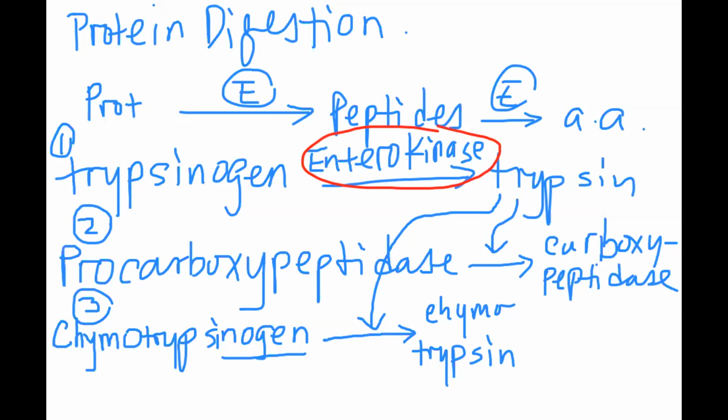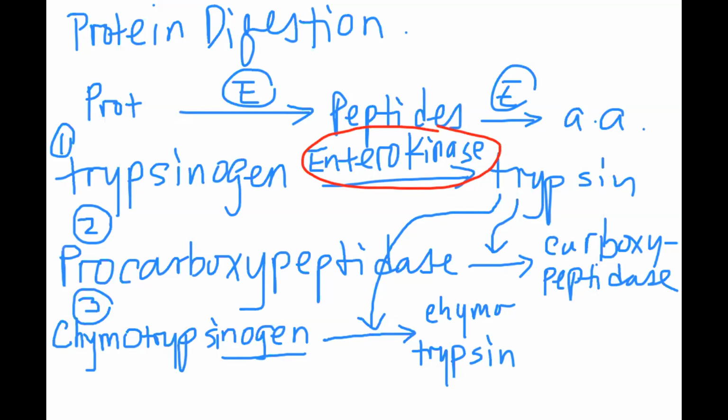All right, so on your list now, you should have 1, 2, 3, 4, 5, 6 already. Okay, the first one is salivary amylase. The second one is the pepsinogen or pepsin. Either way will be fine. It's the same enzyme, right? And the third one should be the trypsinogen or trypsin.